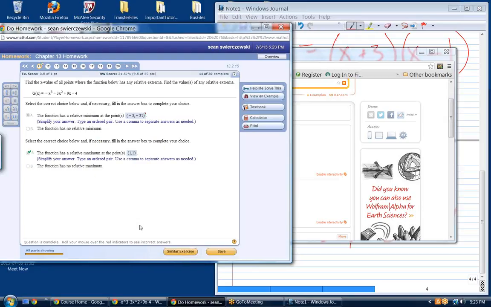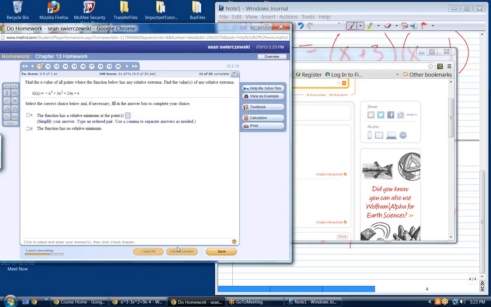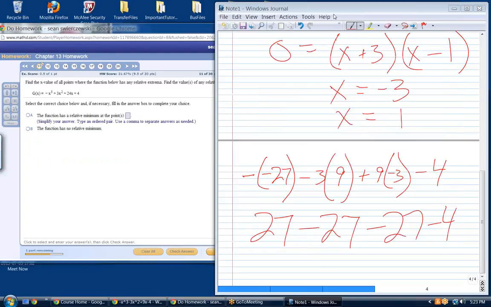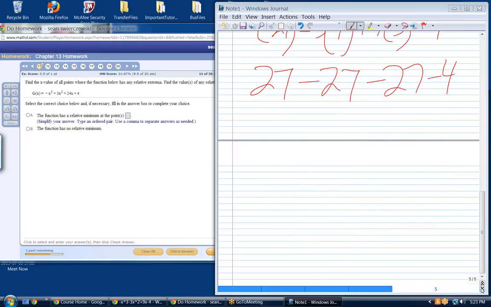All right, now what? Similar exercise, yeah, because we know how to do this now. All right. So the derivative is minus 3x squared plus 6x plus 24.